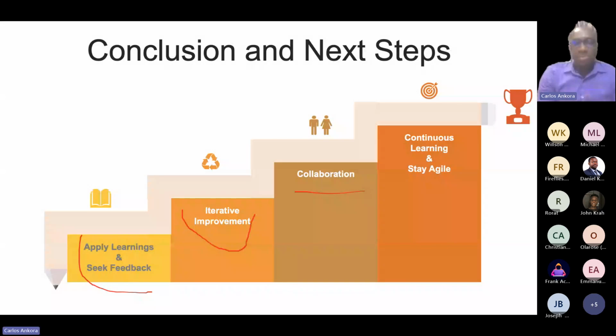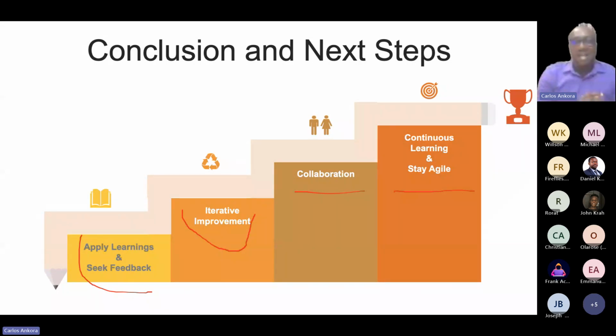This helps to drive alignment and the collective ownership of project goals or the product goals. We need to stay informed about the emerging trends and the best practices in Agile product ownership through further education, through training, and through professional development opportunities.